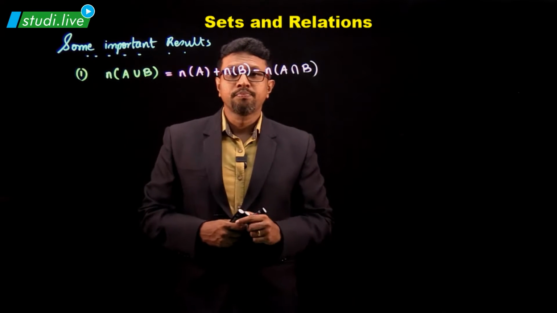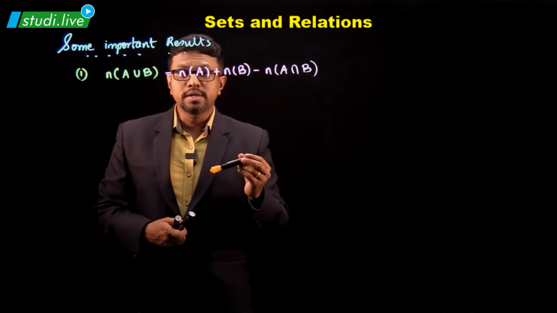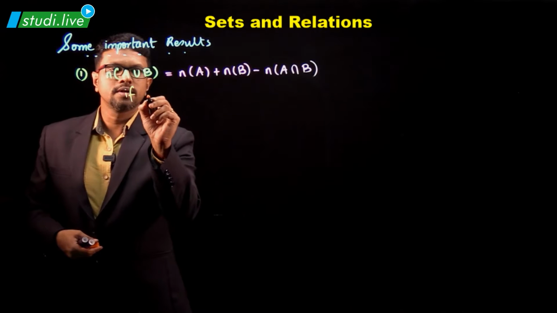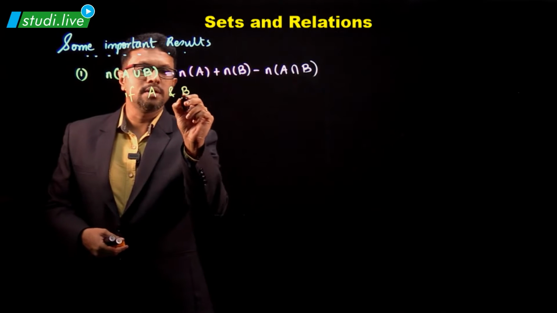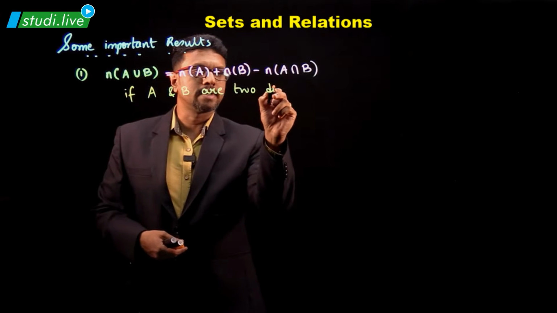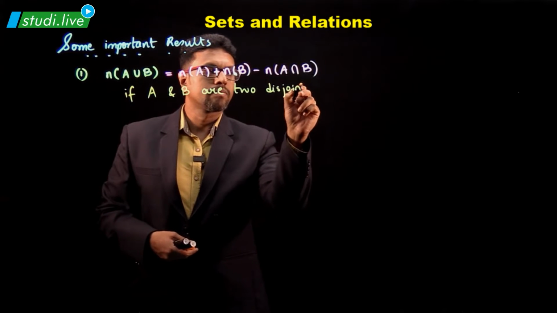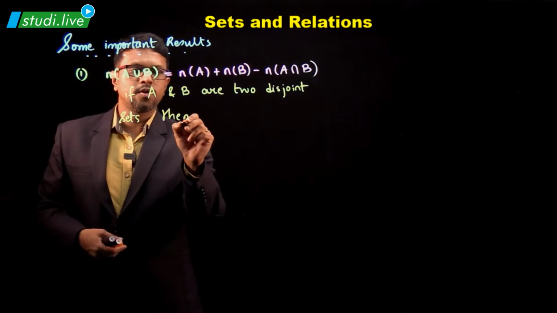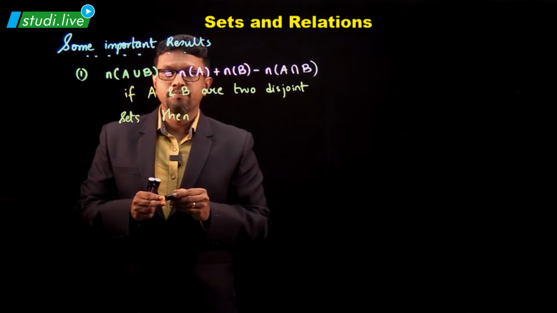Now, if A and B are two disjoint sets, then this formula will change a little.